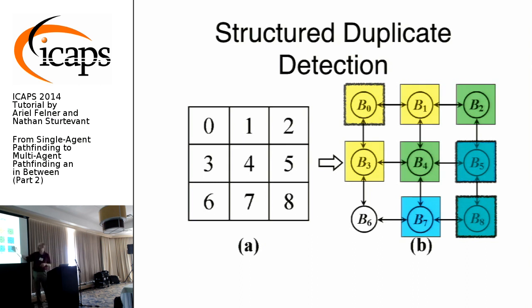I can read from the previous level of B8 and generate the states in B7, and I actually can do this here because with B5, I'm reading from the previous level of B5, but I'm not writing to the next level. So I actually, at the same time, could do this set of states right here, and I would still be able to run in parallel. So this is a nice approach. You need some mechanism to be able to do this structured duplicate detection.